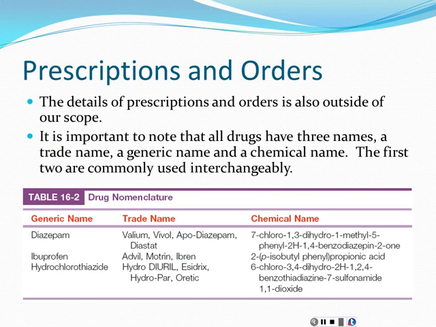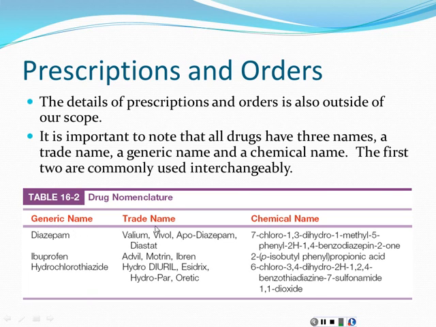In other words, it's all about medicines. And medicines or companies petition for a generic name. They give suggestions, but in the end, it's this international body that decides what the generic name is going to be. So some examples: diazepam, ibuprofen, hydrochlorothiazide. So those are the generic names.